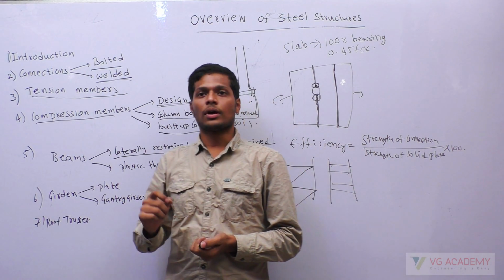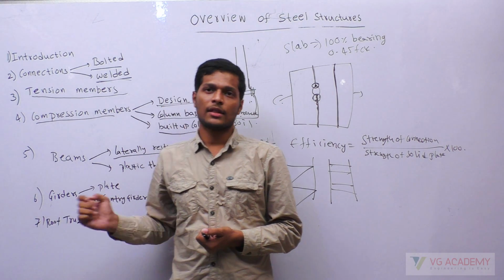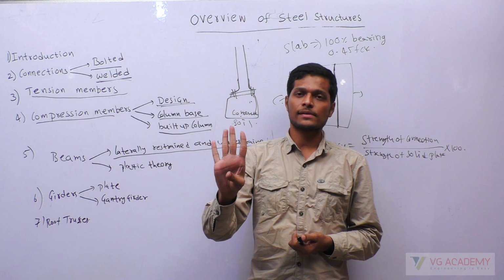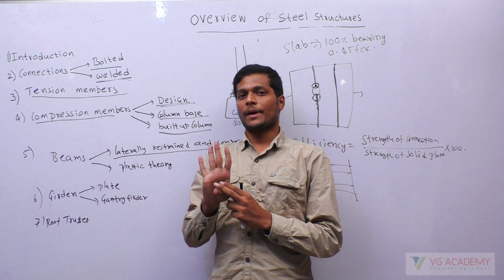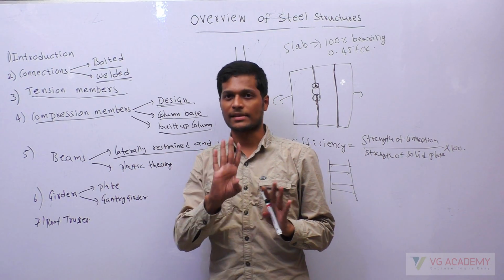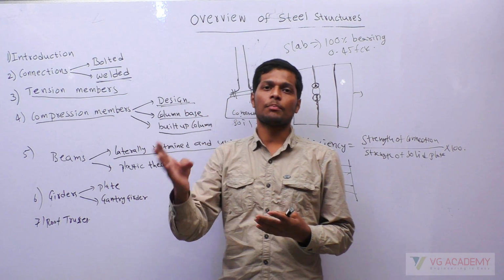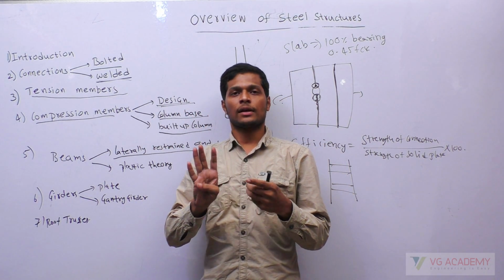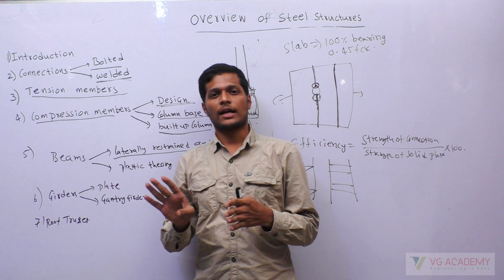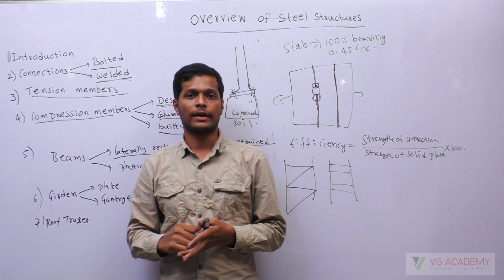Next, coming to class of the beam, you have to know something called class of the beam. The beams are classified into 4 classes depending on the rotation capacity. To understand this rotation capacity, you have to know something called plastic theory. Here I cannot explain the theory. All the beams are divided into 4 categories: class 1, class 2, class 3, class 4. What are the definitions? I have uploaded them in the PDF, you can read that.